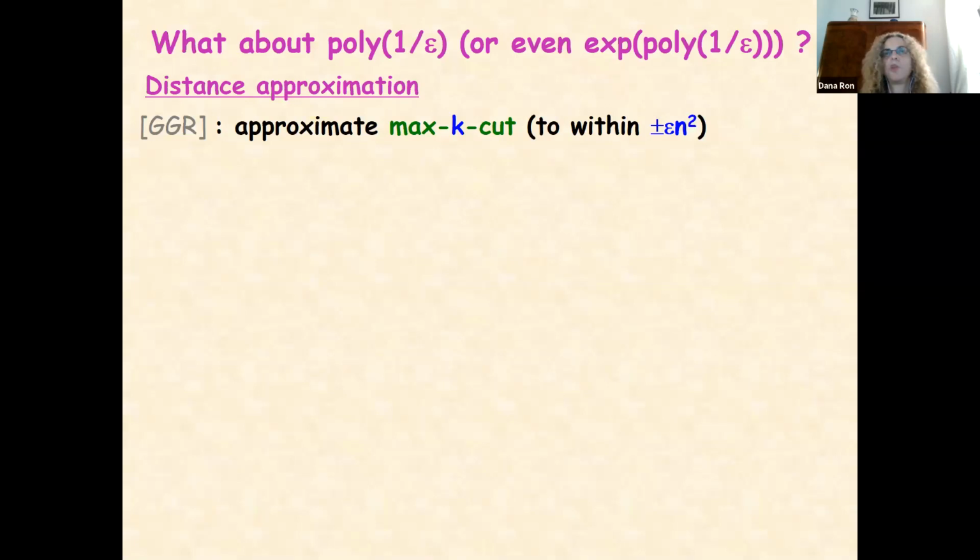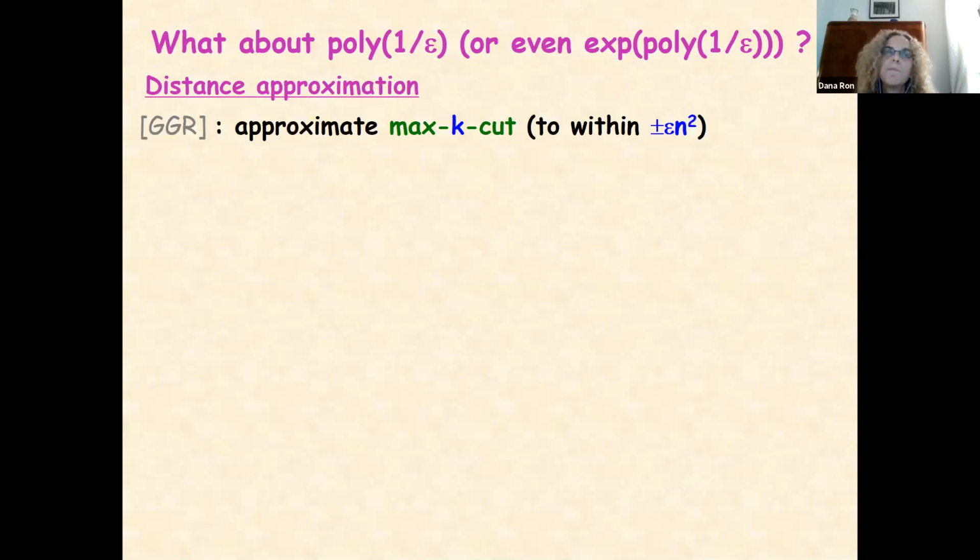You want a partition into k sets, and you want to maximize the number of crossing edges. Here you might be a little worried, say, hey, just a minute, this is a hard problem. You might have been worried before also about this with the testing, but note that the type of approximation that we get here is within an additive epsilon n squared. So it's not a multiplicative approximation. That's one point, and also it's poly 1 over epsilon queries.